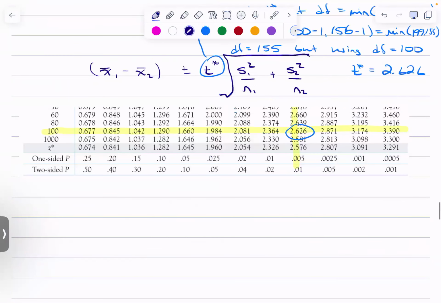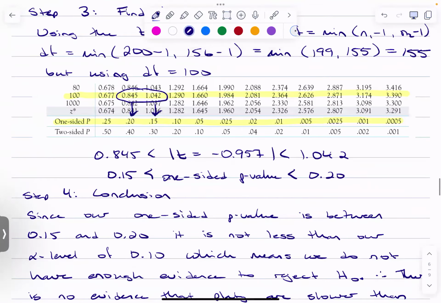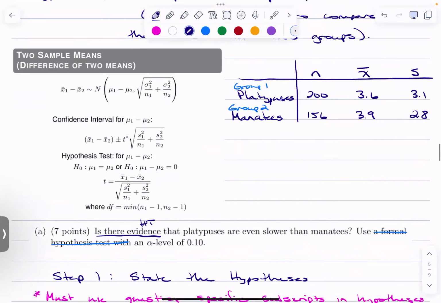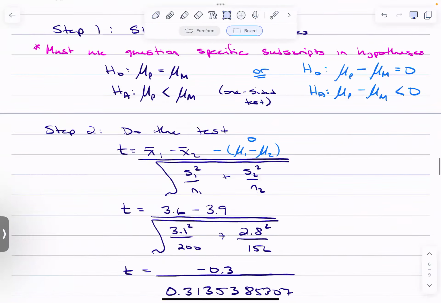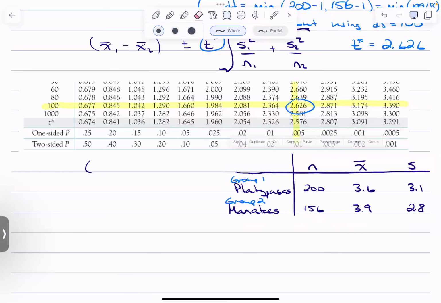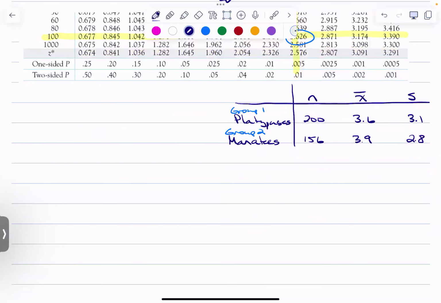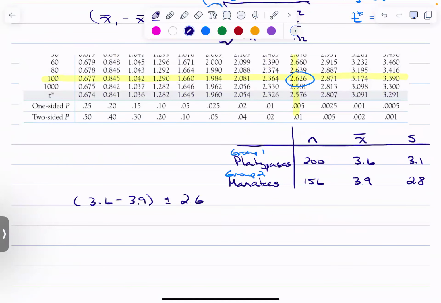The difference in the means is the same as before. Just going to write it out here. In fact, that was a long scroll away, so I'm just going to copy this and bring it down. (3.6 minus 3.9) plus or minus 2.626 times the square root of 3.1 squared over 200 plus 2.8 squared over 156.